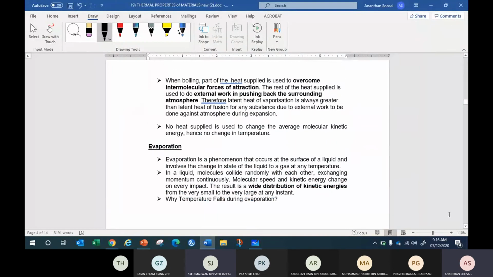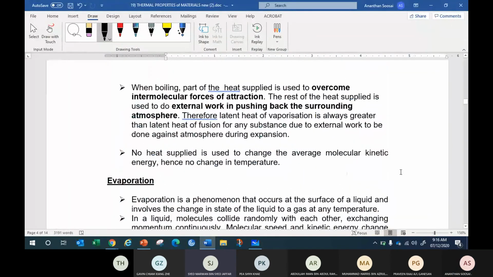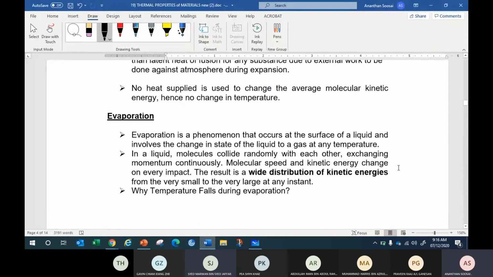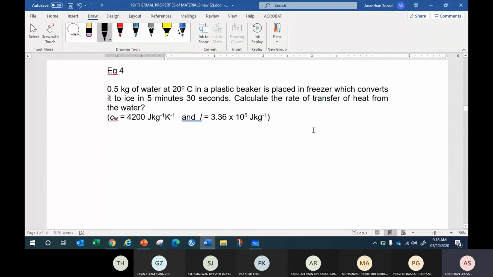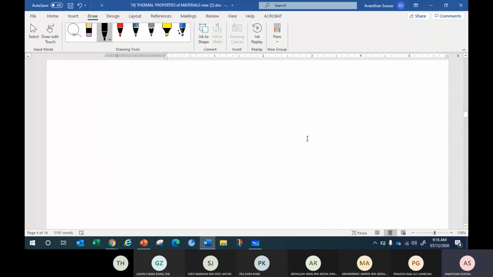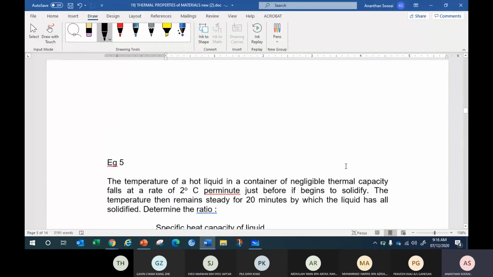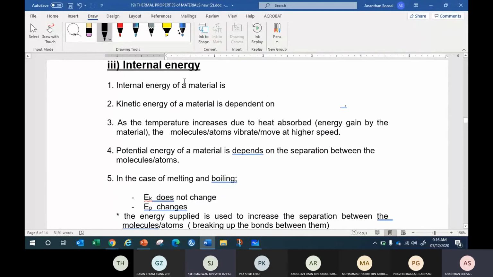So now I go back to the PowerPoint, the word file. We talk about evaporation. This question will come back later. You can give it a try. Okay, these questions. We talk about internal energy. So internal energy of a material is what? You need to write some here.